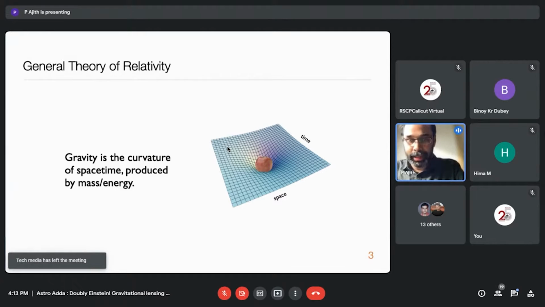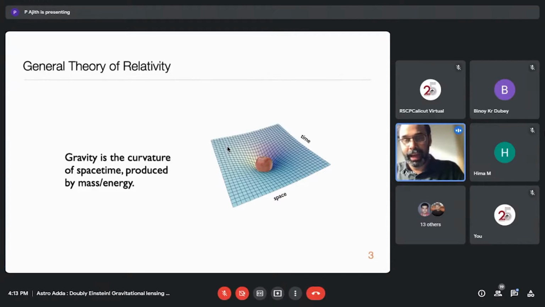Here in Einstein's theory, gravity is described as the curvature of space and time. And any massive object, including Newton's apple, as well as other forms of energy, for example, electromagnetic fields, would produce a curvature in space and time.